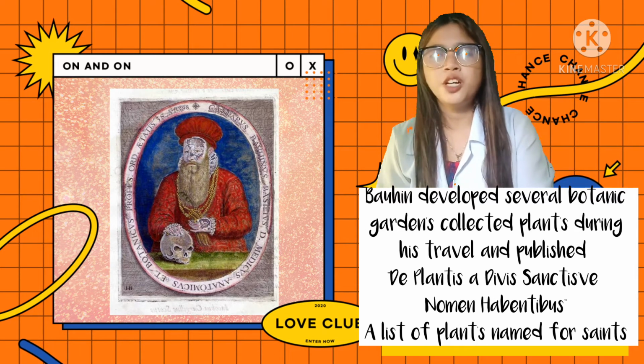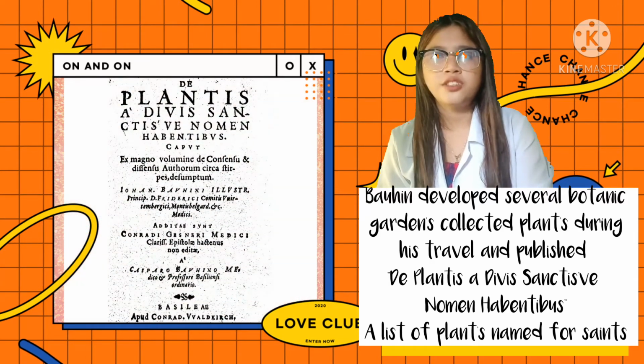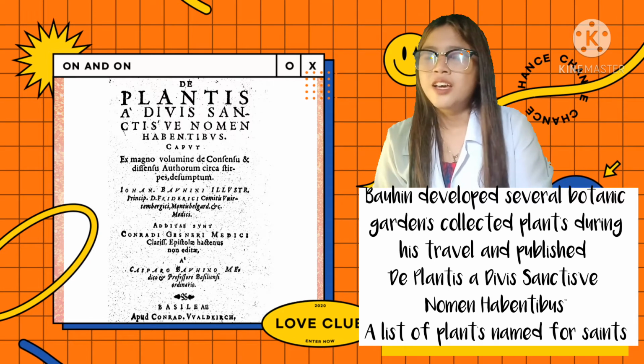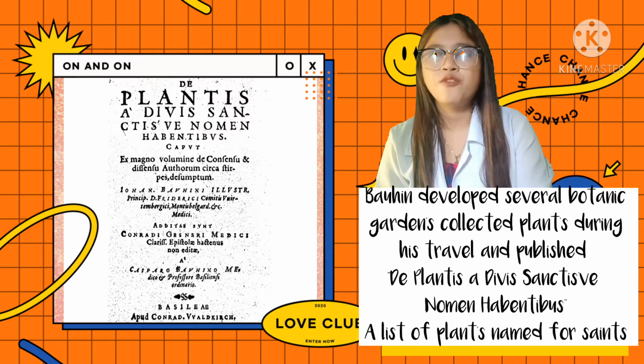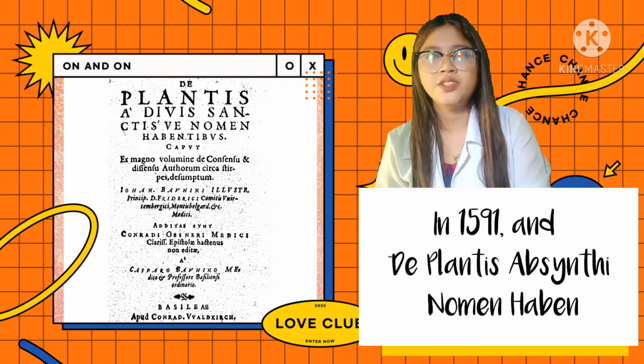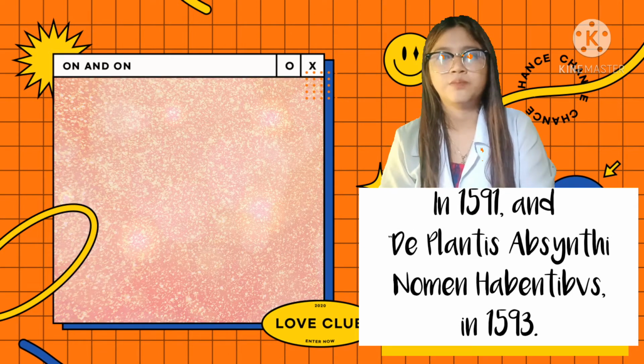Bauhin developed several botanic gardens, collected plants during his travels, and published De Plantis a Divis Sanctisve Nomen Habentibus, a list of plants named for saints, in 1591, and De Plantis Absinthii Nomen Habentibus in 1592.